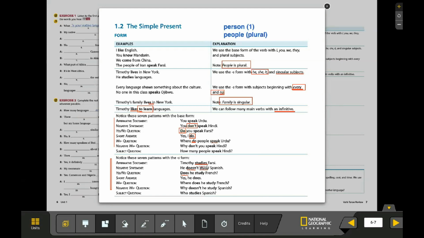So you can see that the verb is back to the base form because I already have the auxiliary, okay? And the same thing in the question. Does he study French? Don't forget about that. I know that this is simple, but sometimes we forget. So it's important to review.